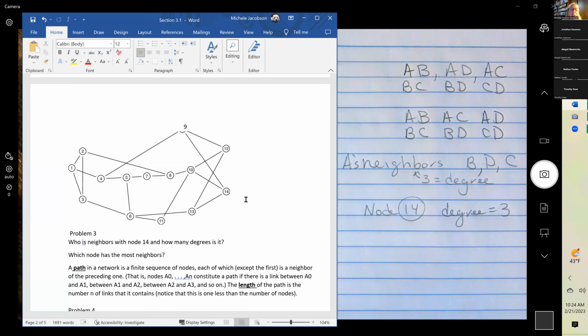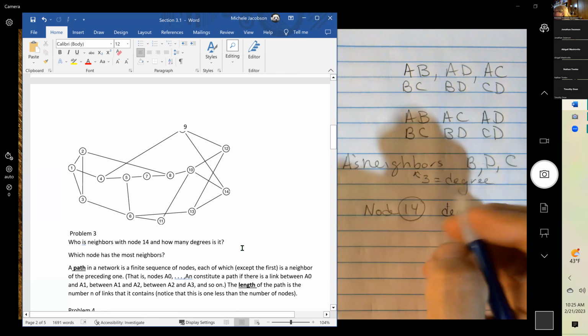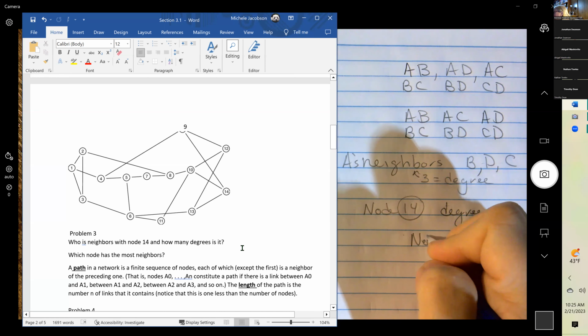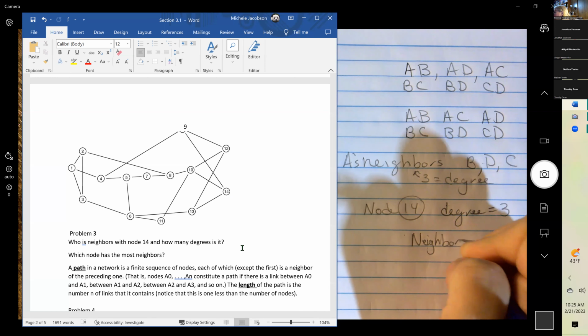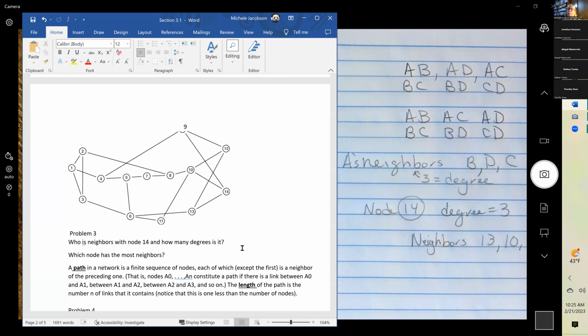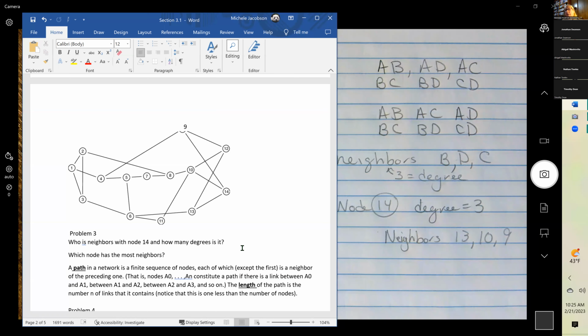And if we wanted to know what neighbors they were, there's 13, 10, and 9. So 14's degree is 3, and its neighbors are 13, 10, and 9. Any questions on that?